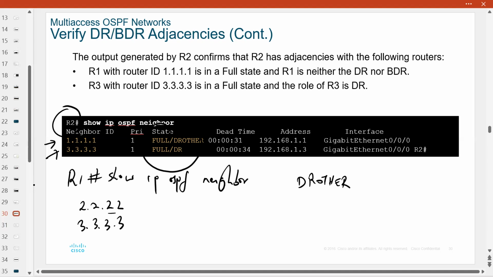Then 2 is a BDR. So the state here will be full with this one. The state with this neighbor, ARA1 and this neighbor. And with this one, it will be full for DR. So if we were to show the neighbors from ARA1, this is what you will get. Because the relationship with this 222 is full BDR, with this one is full designated router.